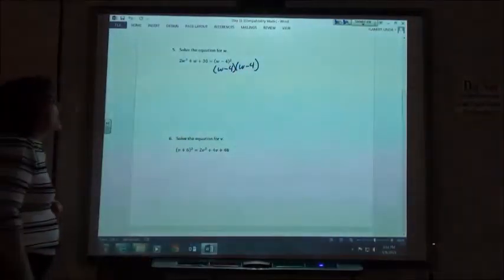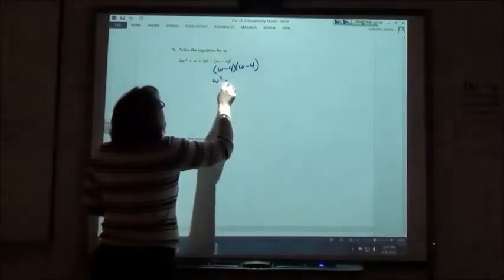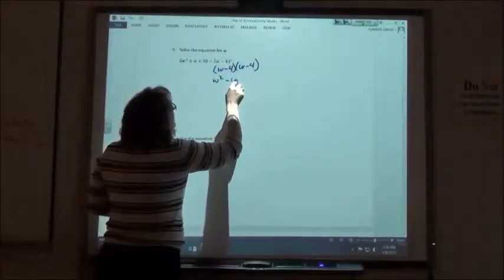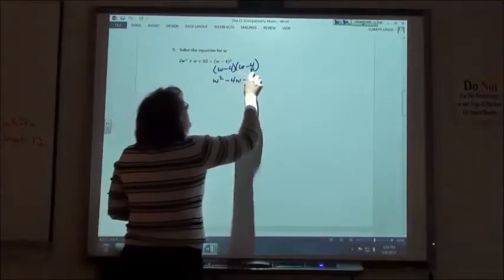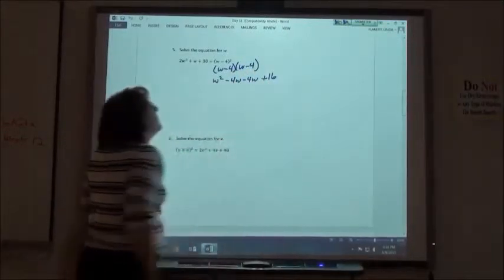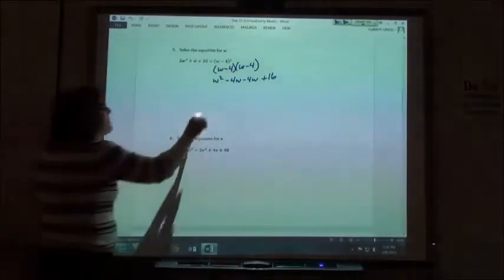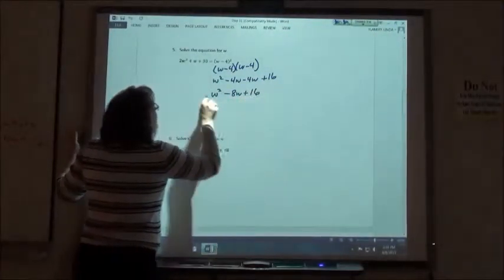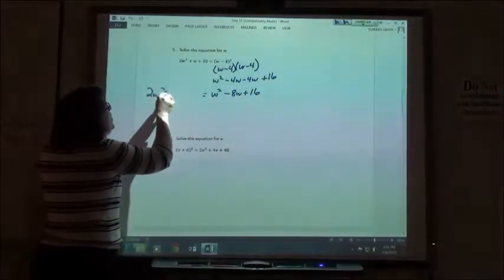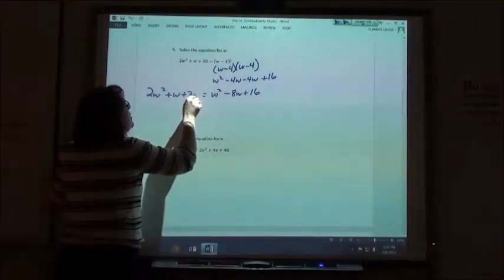So, foiling that out. W squared, we're going to get a minus 4w and a second minus 4w. And negative 4 times negative 4, positive 16. So w squared minus 8w plus 16 is equal to 2w squared plus w plus 30.